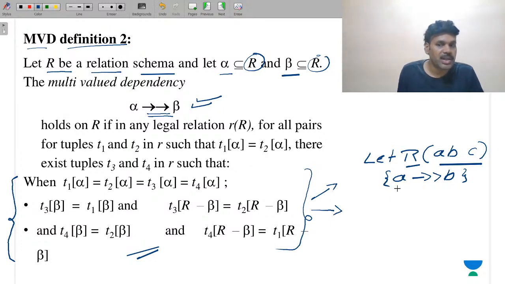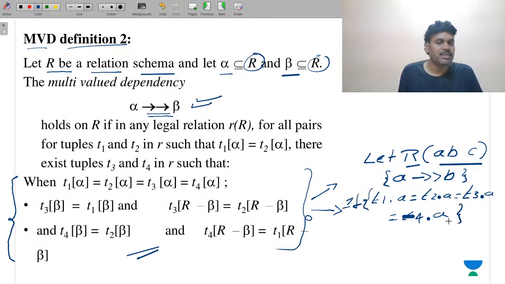What is the condition, friends? Observe. T1 dot A is equal to T2 dot A is equal to T3 dot A is equal to T4 dot A. This is your first if condition. Please observe the same: T1 dot alpha, T2 dot alpha, T3 dot alpha, T4 dot alpha.